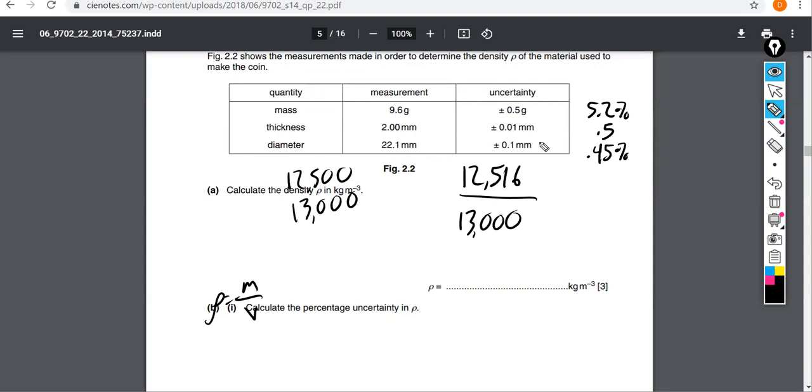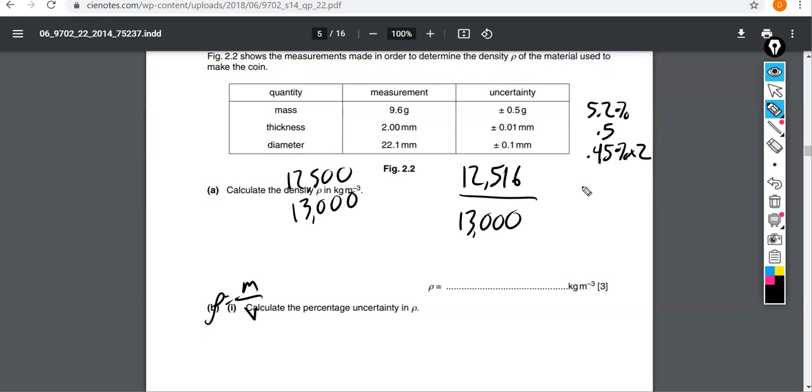But remember, we used this and we squared it, right? We took this value and halved it to make it the radius, but then we squared it. So if there's 0.45% uncertainty in the diameter, there's the same 0.45% uncertainty in the radius. We do have to double it because it was radius squared. Remember how we calculated the volume, we had to square that radius.